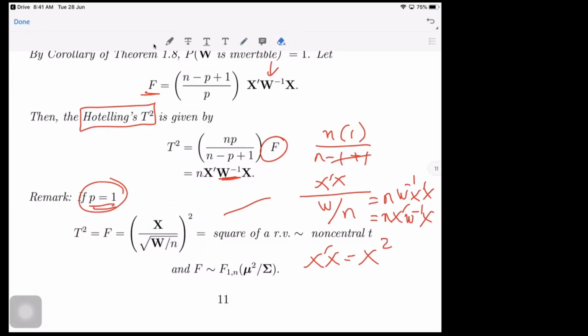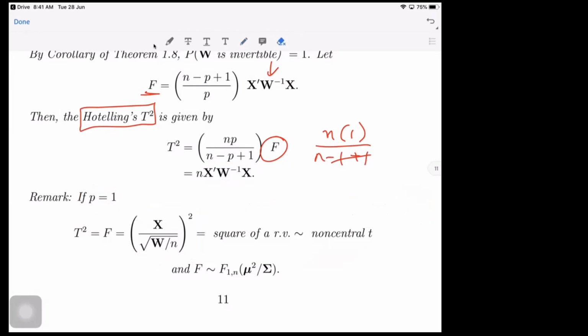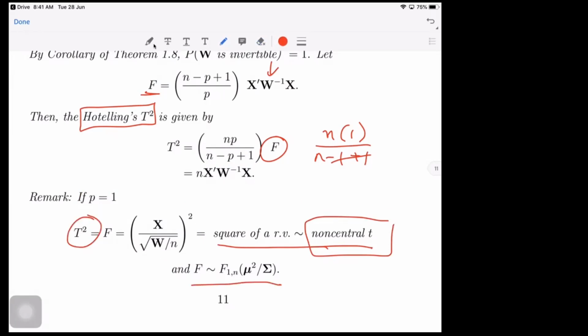And this is the familiar t, non-central t, no? The square of a random variable which is non-central. This non-central t, that's why it is related with t squared. And this is actually an f with p equal to 1 degrees of freedom.